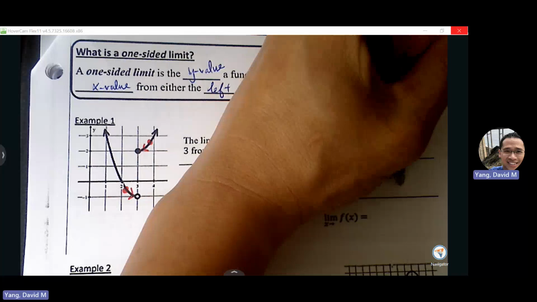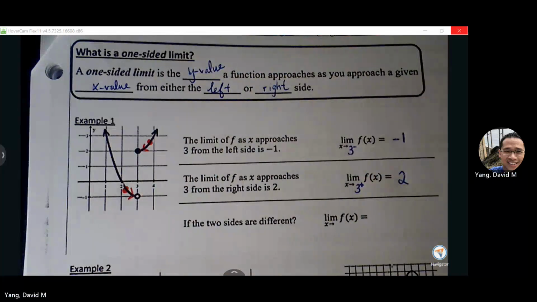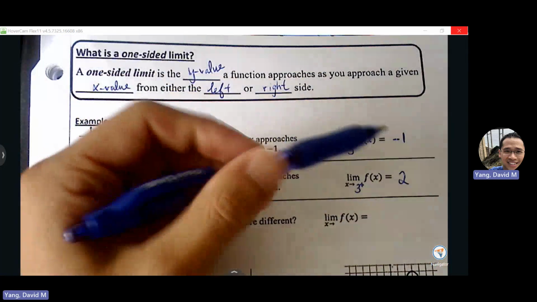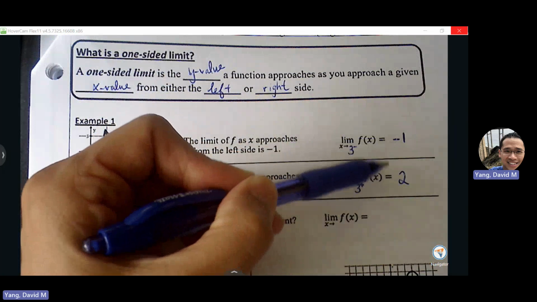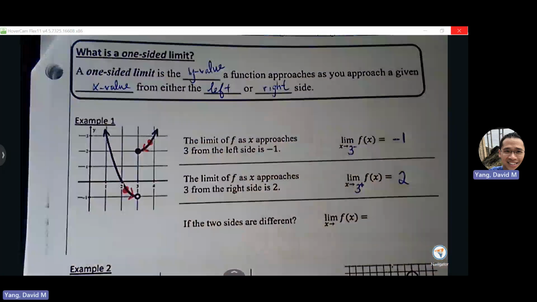So a one-sided limit can exist, but really we use the language of one-sided limits to indicate whether the true limit exists. Are these numbers in agreement? They're not. So we can now use a formal language to identify whether a true limit exists, rather than saying, oh, the arrows don't match up.